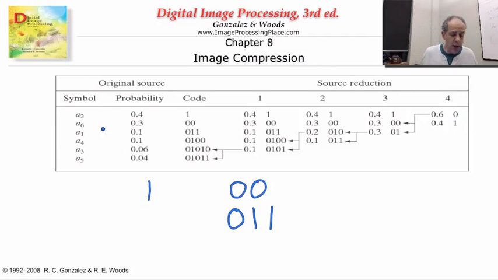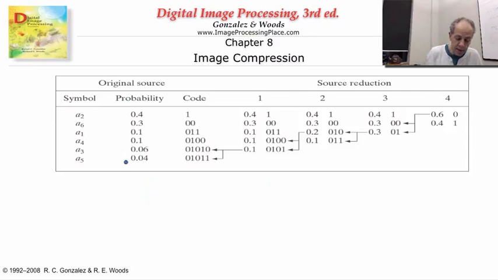Now, how do we know that this is an optimal code? How do we know that with this set of probabilities, the procedure I just explained achieves the lowest possible, the shortest possible length of a code on average? That's a theorem we have to prove. We are not going to do that in this class, but that's a theorem that shows that Huffman coding achieves the shortest possible length.